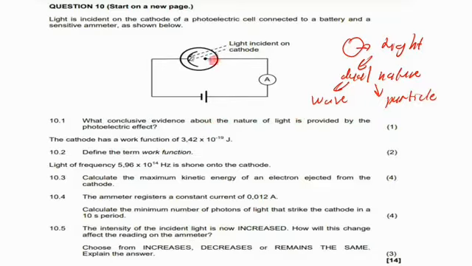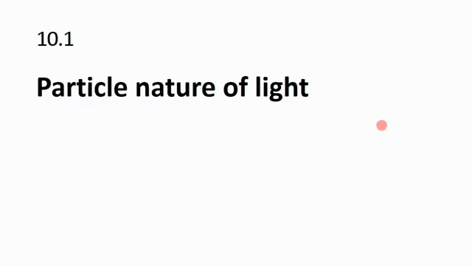So they want us to note which one we are investigating here. What conclusive evidence about the nature of light is provided by the photoelectric effect? In the photoelectric effect, we are simply looking at light in the nature of a particle. So it's the particle nature of light.